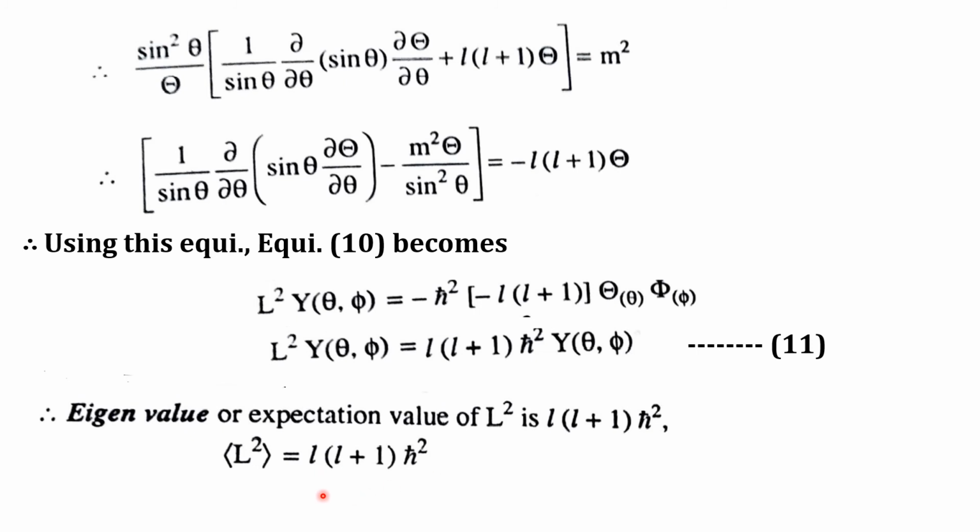This is the eigenvalue for L squared, where l is equal to 0, 1, 2, up to n minus 1. n is the principal quantum number, l is the orbital quantum number, and it takes values 0 to n minus 1.